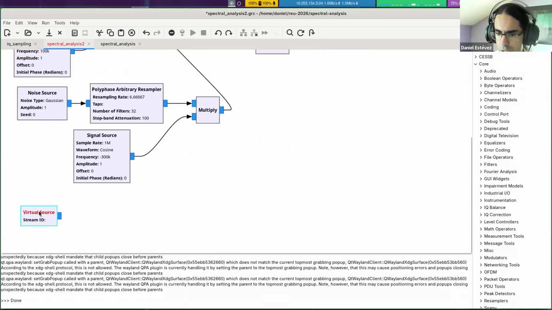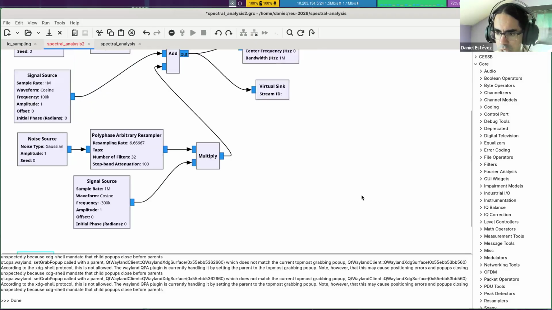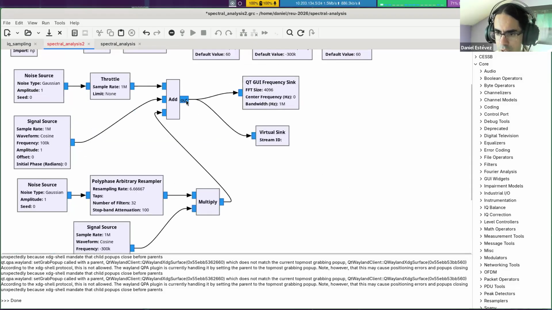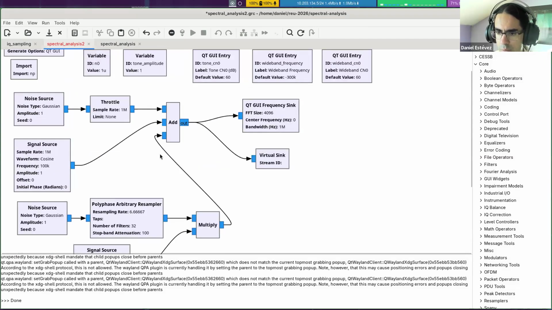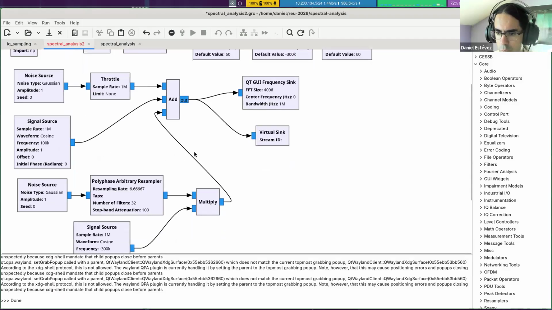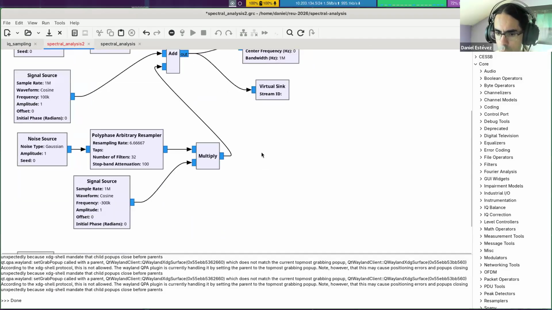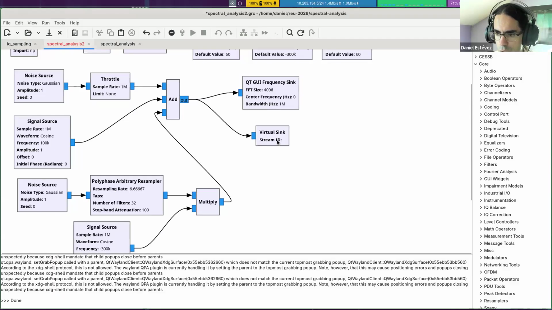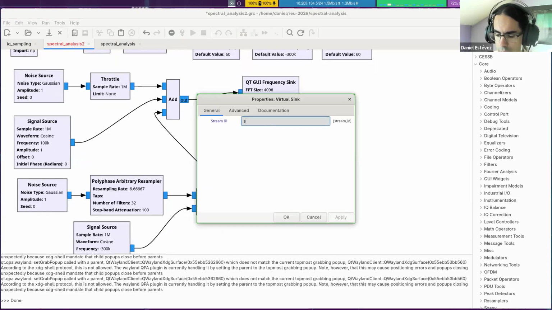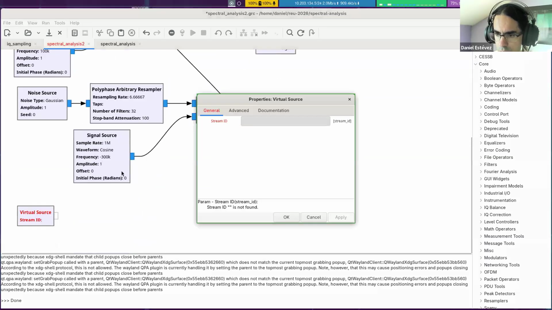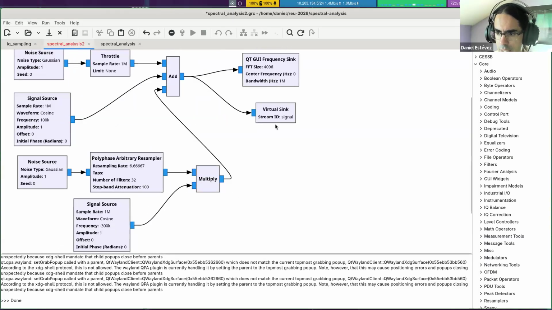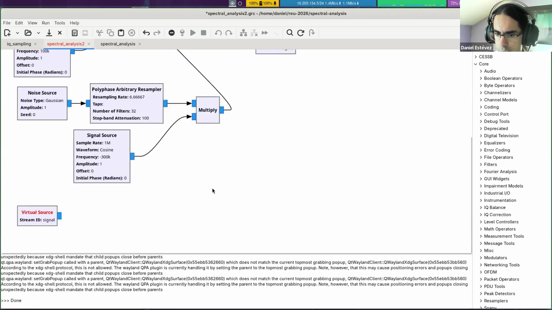For example, I can put this one here and begin putting blocks there. The other way of doing so would be to run a line from here to here, but it would be crossing there. And you can imagine if we make a more complex flow graph, it will be a mess. So that's why we have virtual sink and source. And there is an ID, which is any name, and it needs to match here. So signal, signal. That means anything that goes inside will come outside in there.